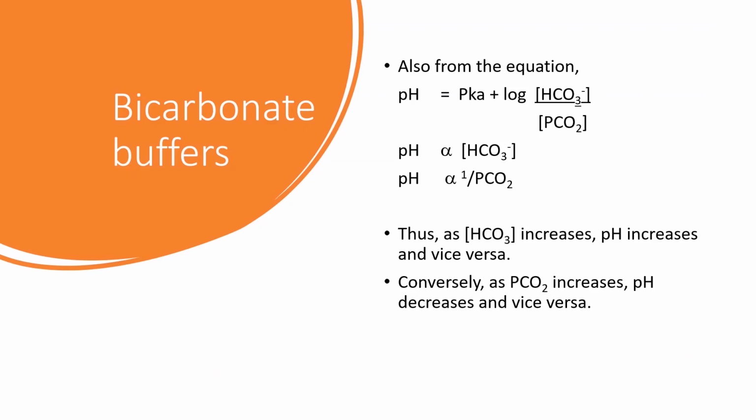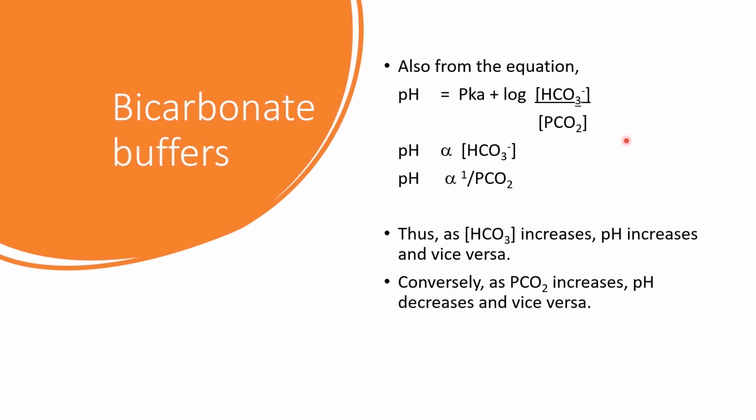Now, if you look at the equation we talked about earlier, the Henderson-Hasselbalch equation, in terms of the bicarbonate buffer system, the pH is equal to pKa plus the log of the conjugate base over the weak acid.